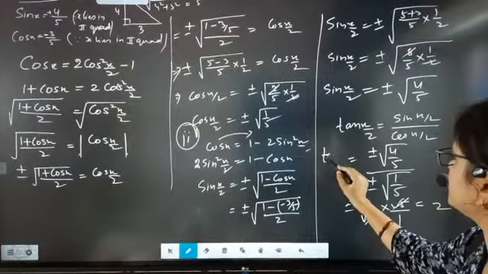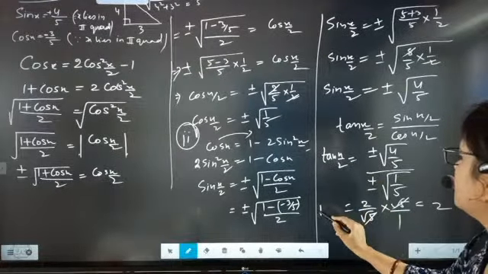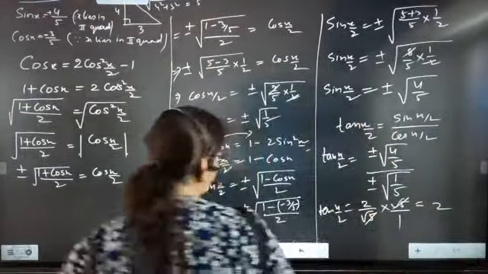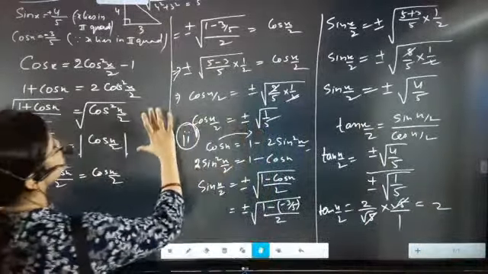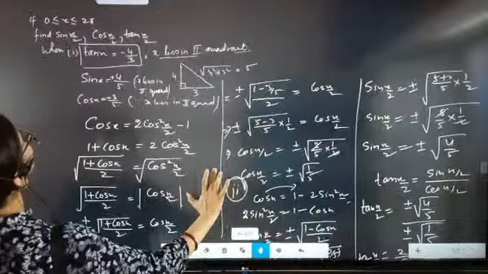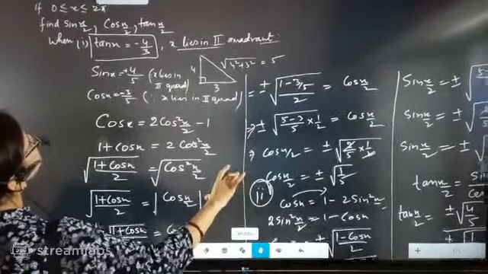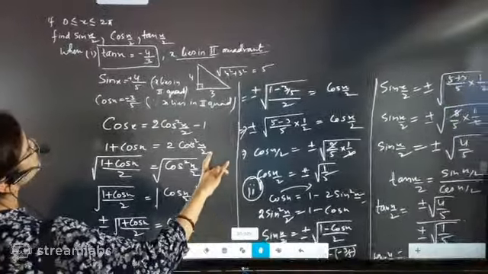So tan x by 2 is coming 2. Fine. Let me check one thing beta, then I will decide. Any separate demand they have not asked now. Tan x is minus 4 by 3. It is in the second quadrant. Fine.